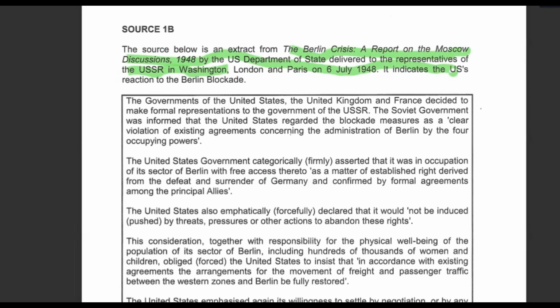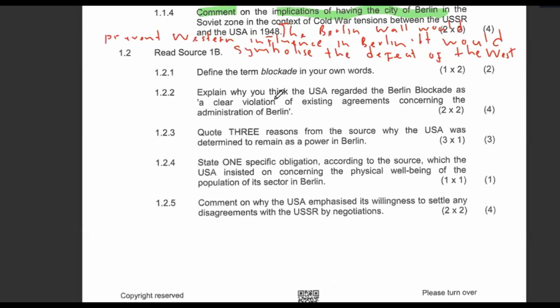Now let's get back to the question and address the demands of the question. Define the term blockade in your own words. Such a type of question does not require you to refer to the source, but it requires your own knowledge.